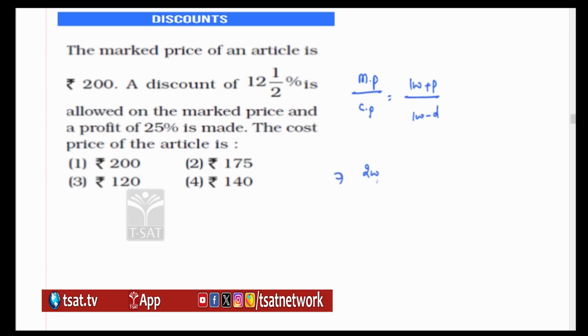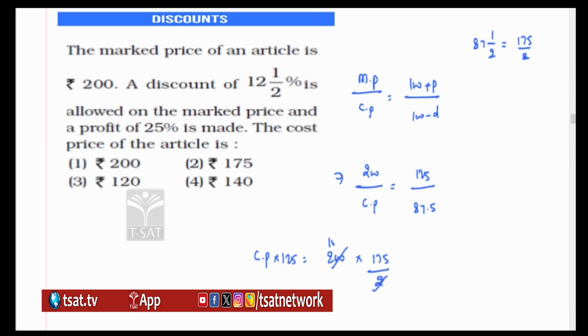MP is 200, CP we don't know. 100 plus profit is 125, 100 minus discount is 12.5 means 87.5. 87.5 multiplied with 2 can be written as 175 by 2. So CP into 125, equals 200 into 175 by 2.